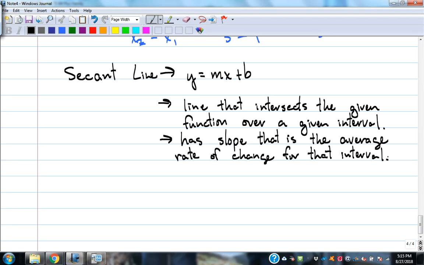Okay, so the secant line is the equation of a line that's going to intersect our function over a given interval. They're going to tell us what interval to use, and then we're going to take that and find an equation that goes with that. That slope that we find from that interval is the average rate of change, just like what we just did on that previous example. Okay, so let's take a function.